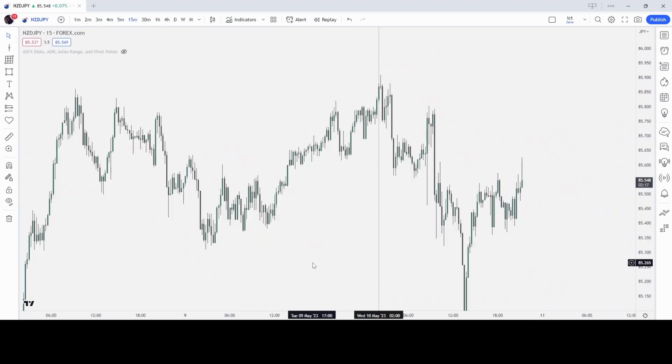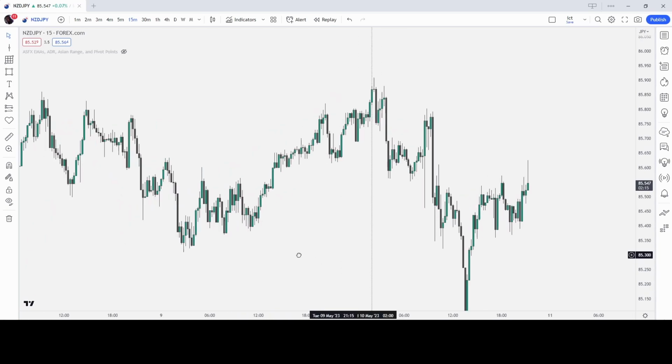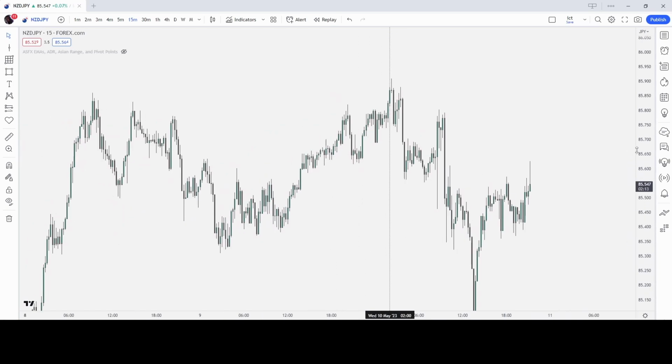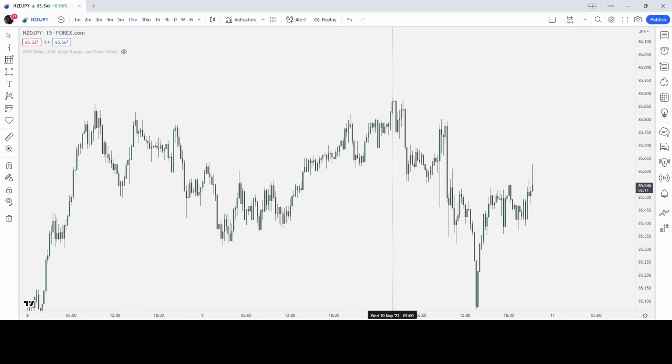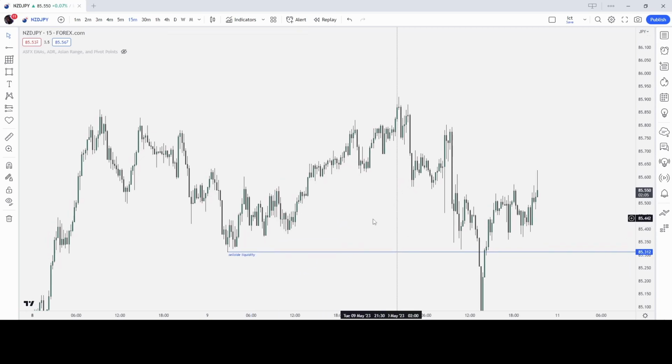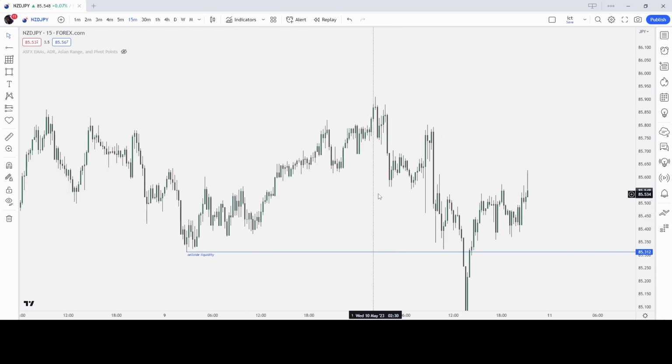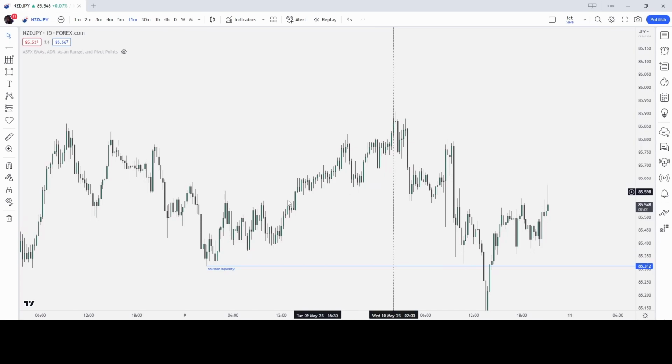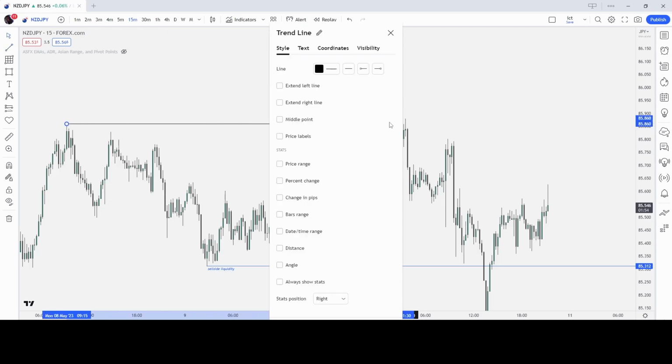Now we are on NZD-JPY. Again, an exotic pair since DXY has not been clean. So I marked up this as sell side liquidity down here. And on Wednesday the 10th of May, London session, we instantly ran up and took out buy side liquidity at this high.